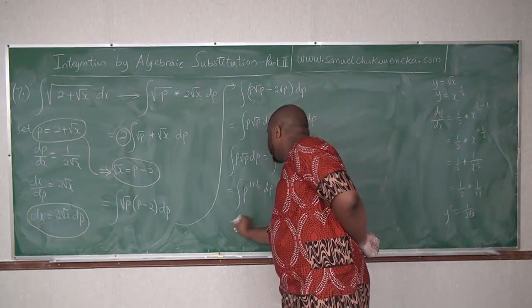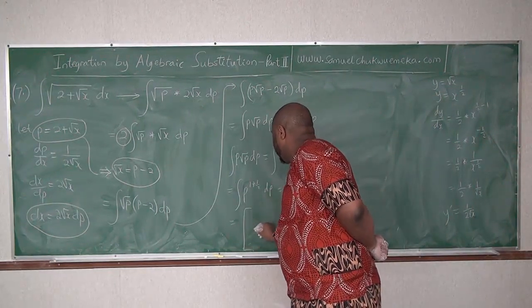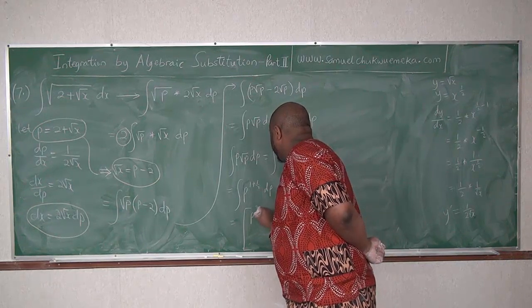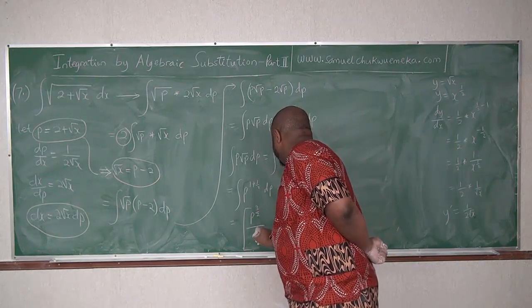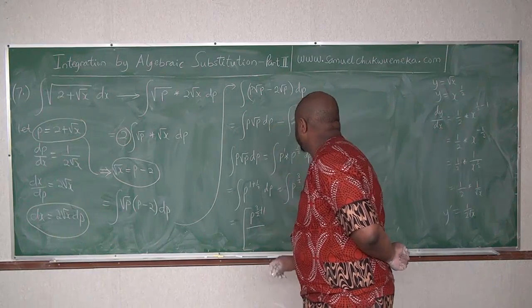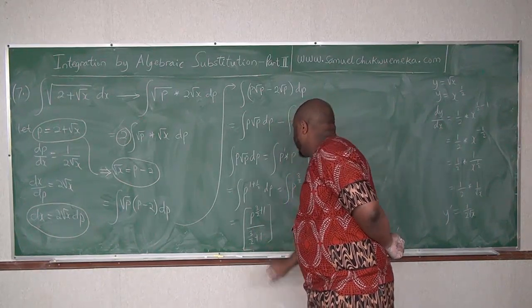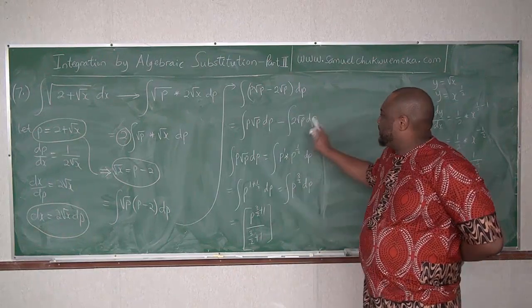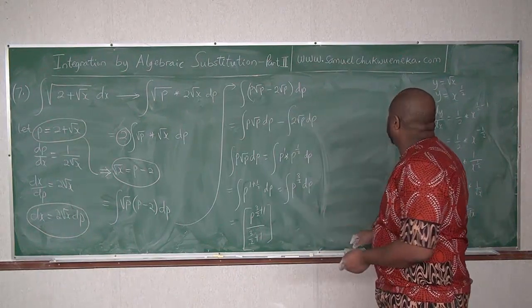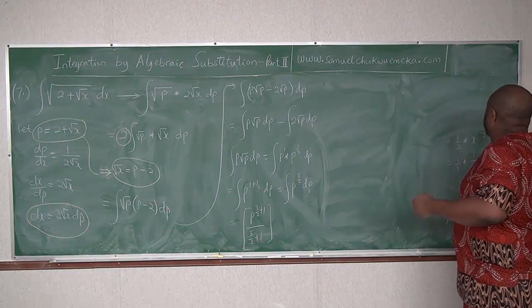So this will give us p exponent 3 over 2 plus 1, all over 3 over 2 plus 1. Okay? Let me not put plus c now until I'm done.